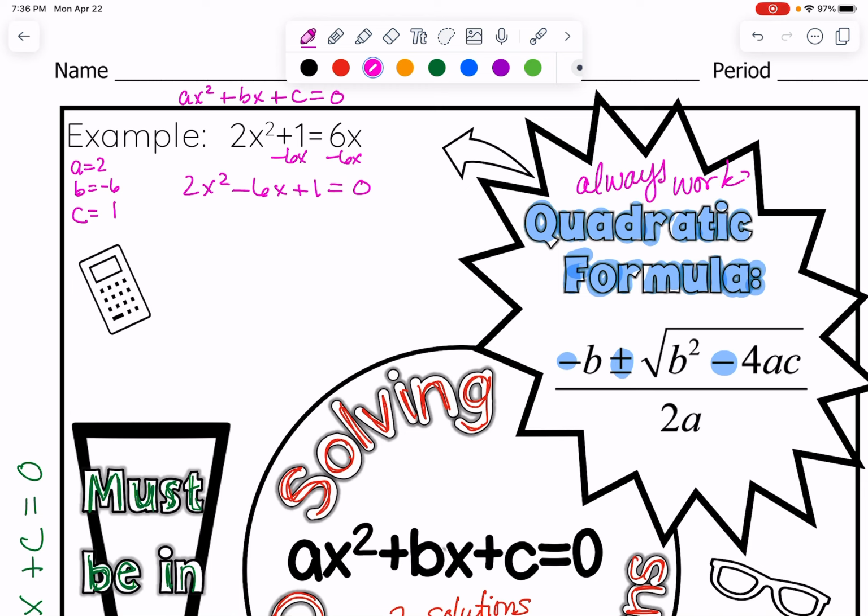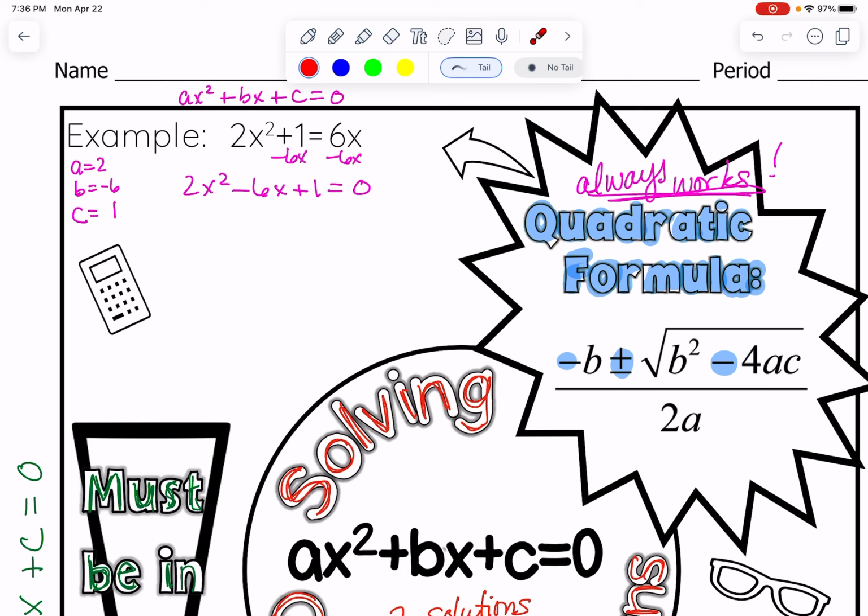It might give you some ugly answers, but it always works, and in some ways is easier than factoring, which we'll review in a little bit. So now that I've identified a, b, and c, you'll notice in the equation that's minus b. Plus or minus just means I'm going to have two answers. And then b squared minus 4ac under a square root, and then all divided by 2a.